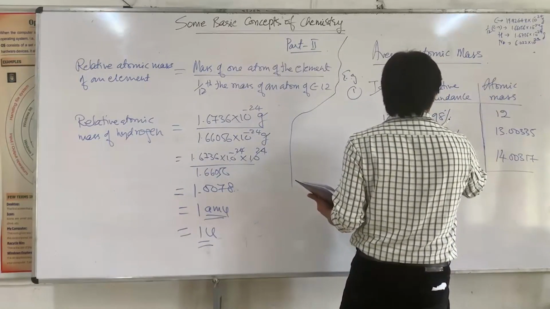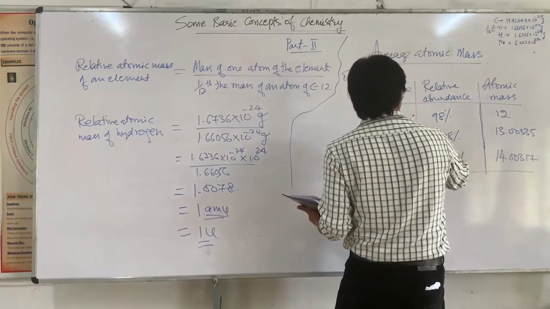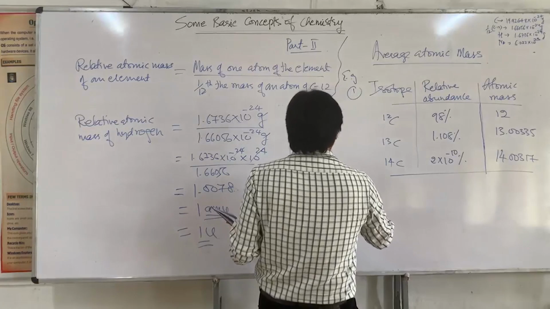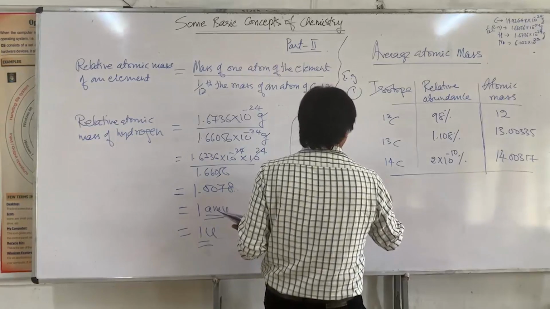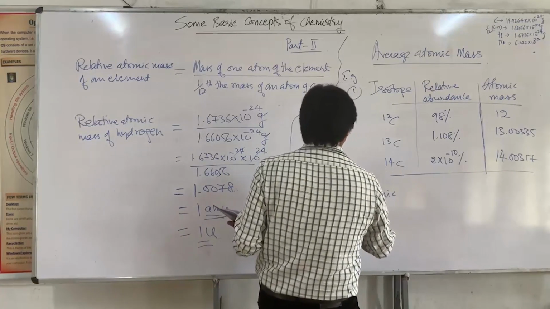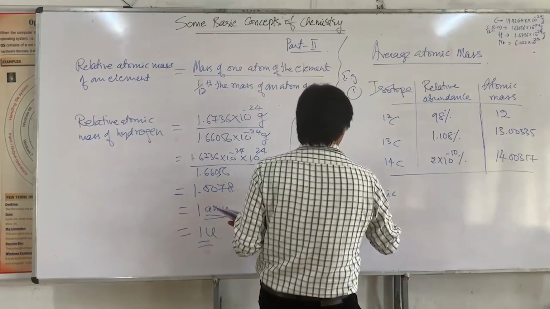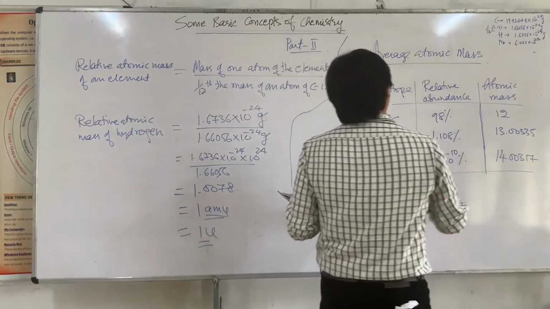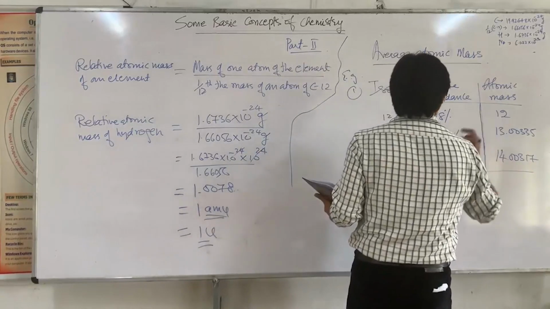See, 98% of carbon 12. So I write: average atomic mass of carbon is 98% of this mass.